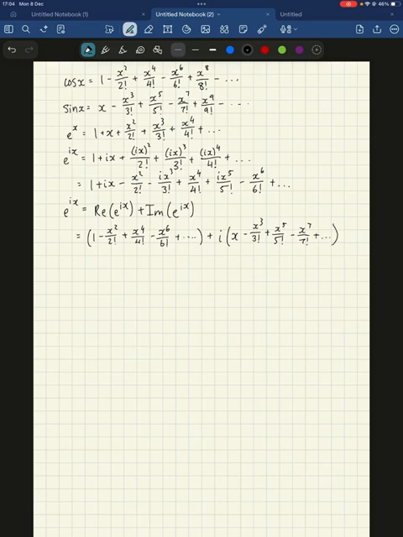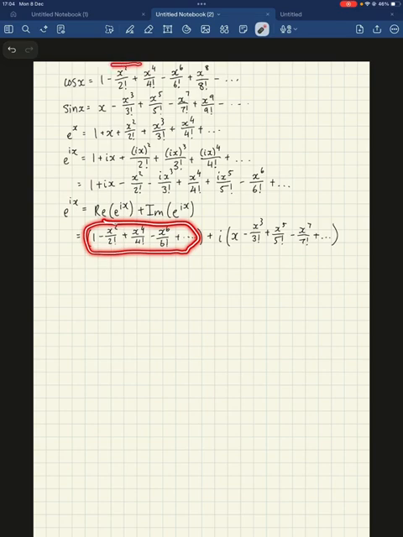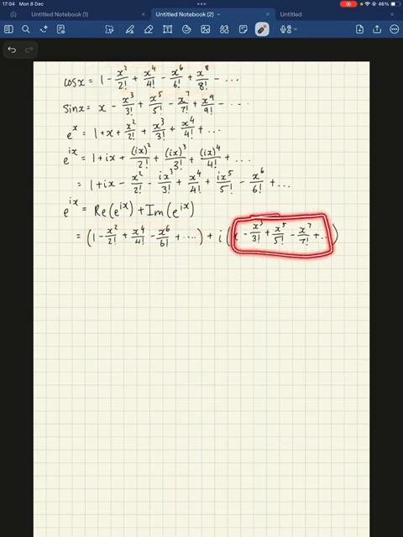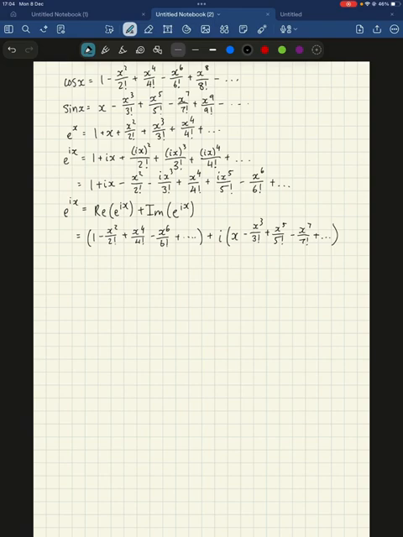Now what do we notice? This is exactly the same as this. This is exactly the same as this. So we can do some substitution now. The real part of e to the ix is literally just cos x. And then here we've got this plus i lots of sin x.